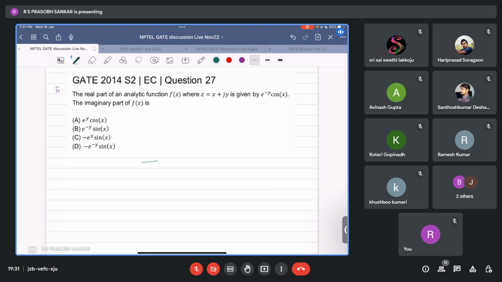So we have a complex function f of z, that is u of xy plus j times v of xy. It is given that the real part u of xy is e raised to minus y cos x. What is the imaginary part of the function f of z?